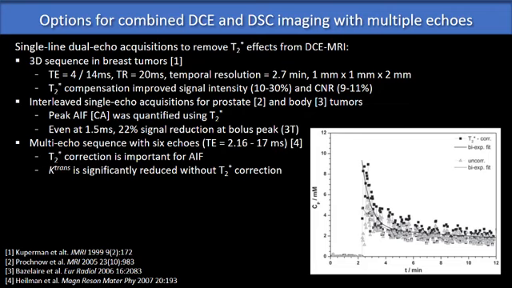In both of those cases, they were using the T2 star to get a better peak AIF concentration. In this example, they showed that before they corrected for T2 star effects, they were at about a max concentration of 5 millimolar, and once they corrected, it was almost double. That's important for quantifying Ktrans.